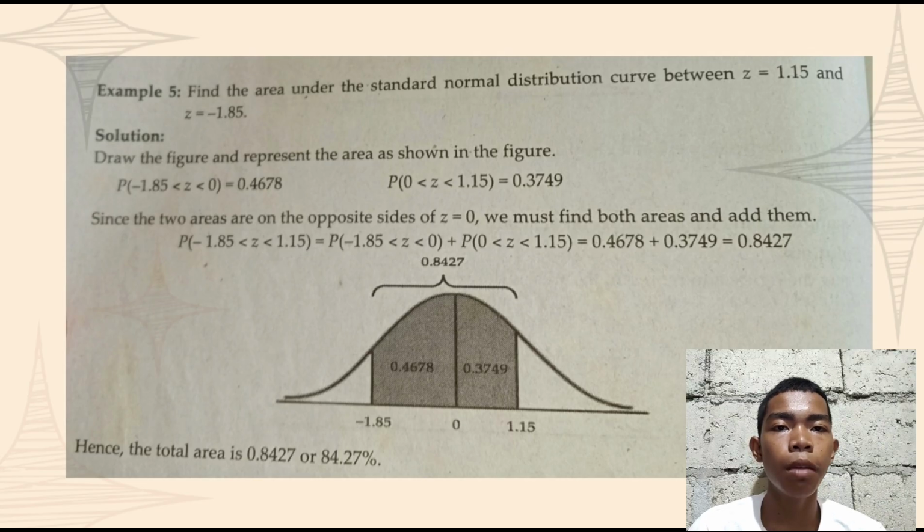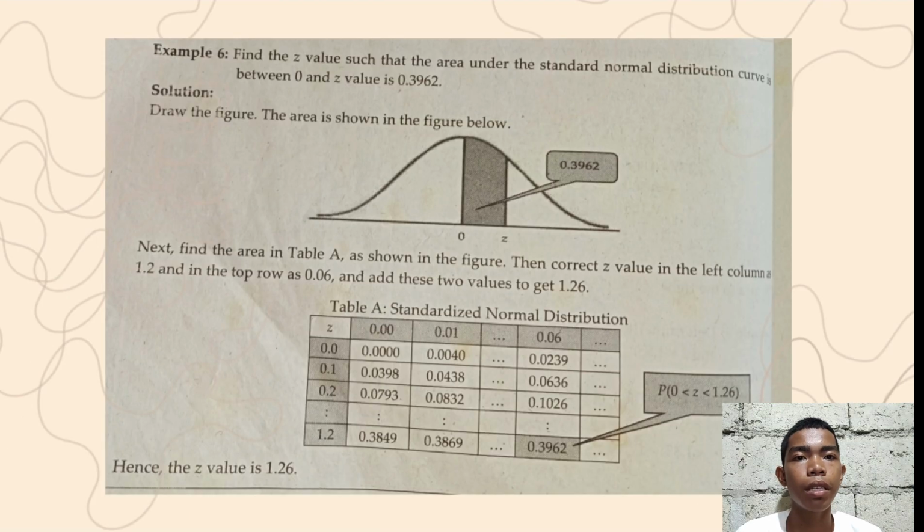So P(negative 1.85 < z < 1.15) = P(negative 1.85 < z < 0) + P(0 < z < 1.15) = 0.4678 + 0.3749 = 0.8427. So the shaded area is 0.8427 or 84.27%.